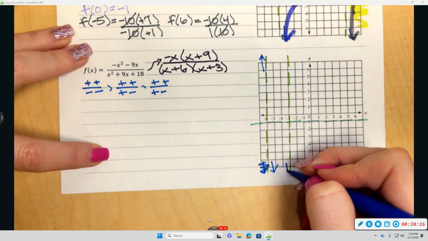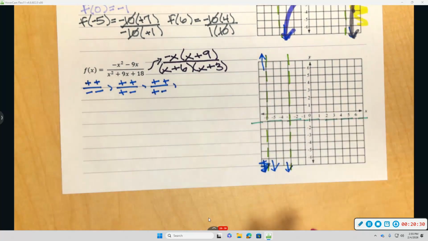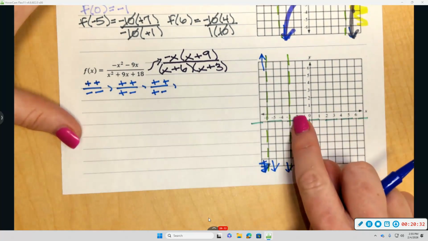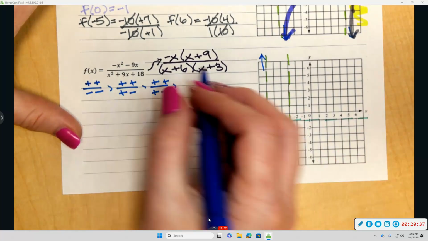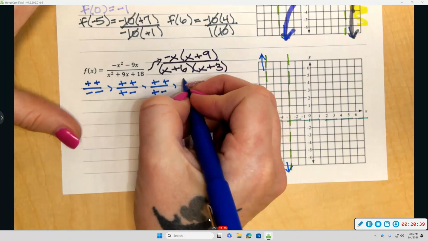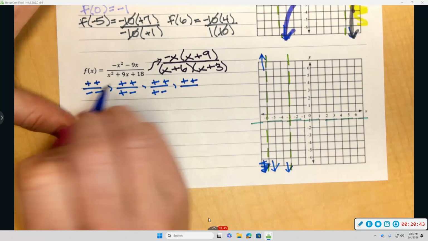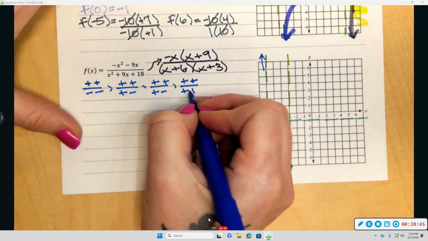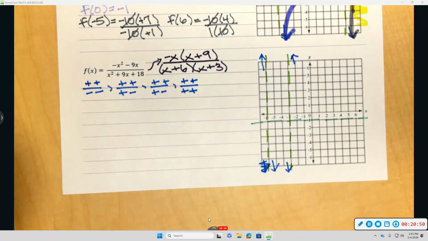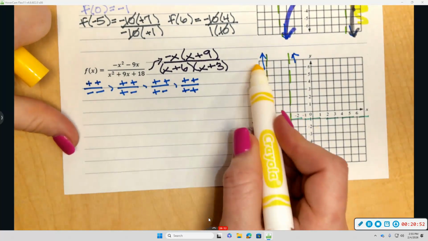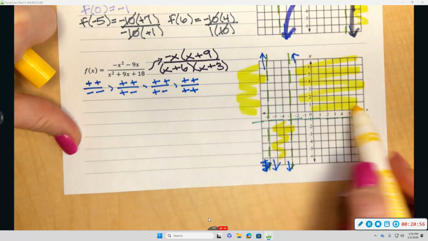So we're down again. And then from the right, excuse me, we can pretend we're at -2.5 or -2 or -2.9. It doesn't matter. We would have positive, positive, over, positive, positive, which is positive. So where am I going to expect there to be graph? Here, here, and here.